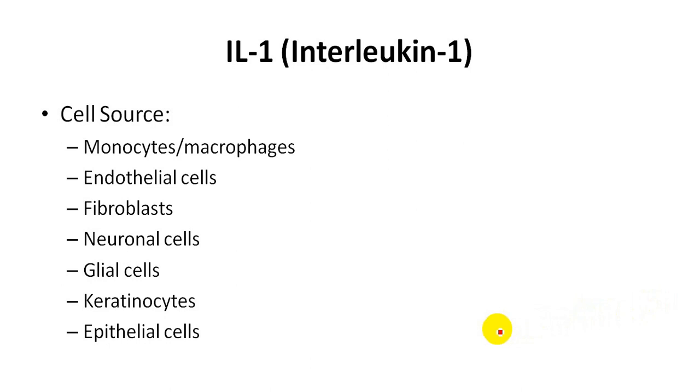When you talk about the interleukin 1 family, they are a group of 11 cytokines, and they play a central role in the regulation of immune and inflammatory response to infections or even to sterile insults.